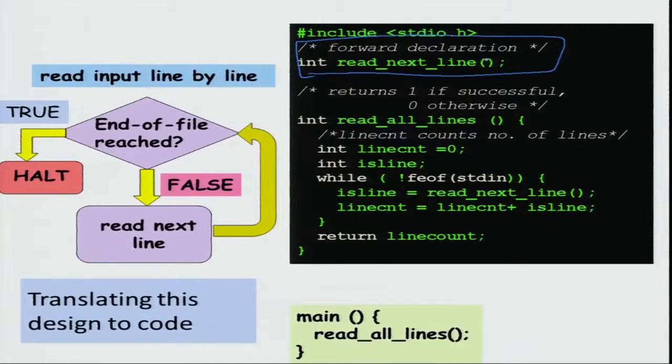Basically, it is taking no arguments and it will return an integer value, and I will terminate that statement using a semicolon, which says that I will currently just give the type of the function, and I will define the function later.